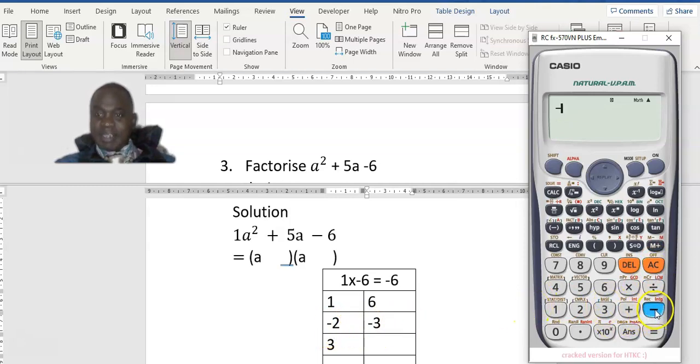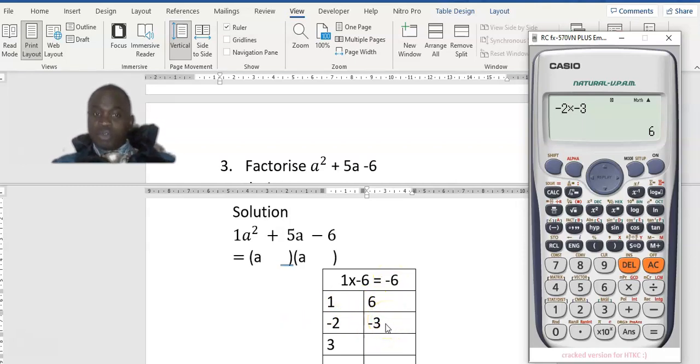So let's check and see. Minus 2 times minus 3, it gives us what? It gives us 6. Is that okay? But we are looking for minus 6. So are we going to have this one?